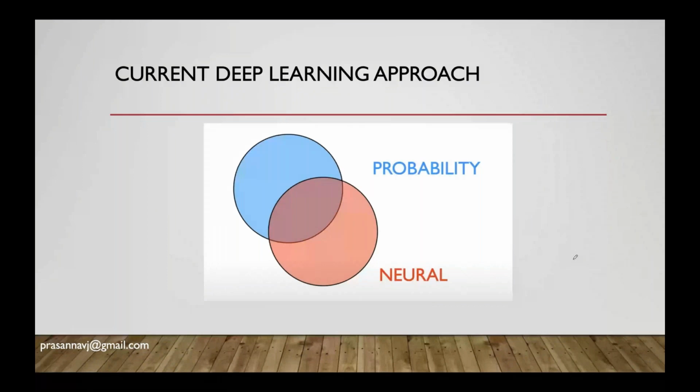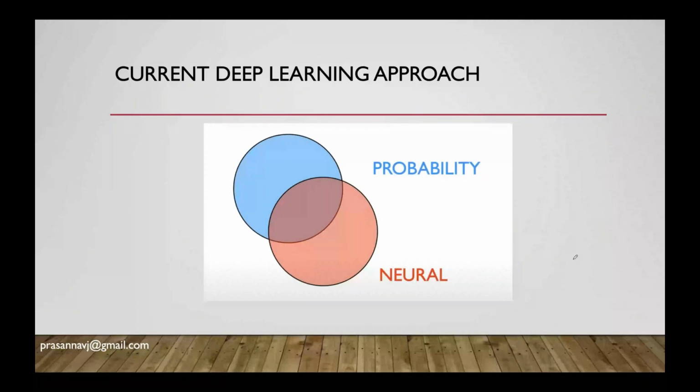Now, if you take the current deep neural network, the basic neural architecture with probability is what brought in the deep learning as we know it.